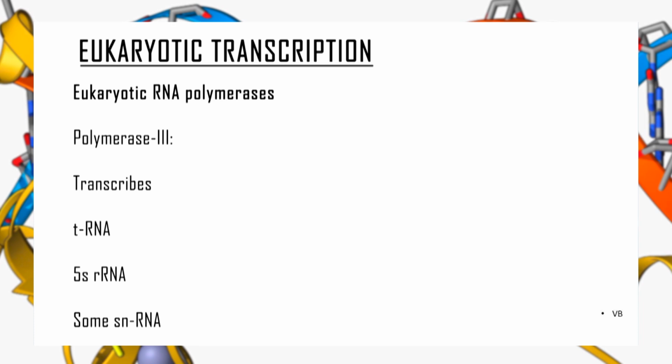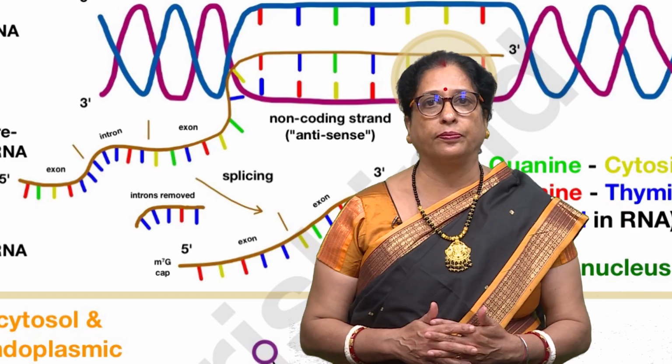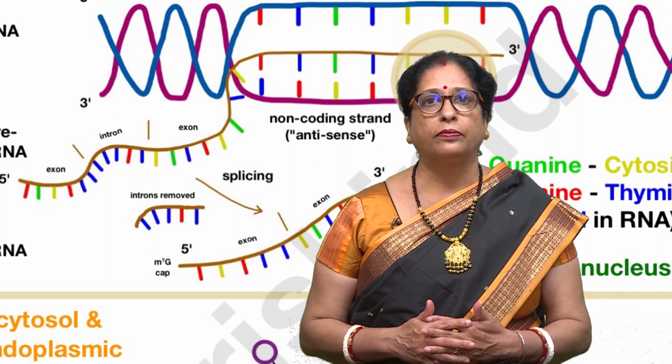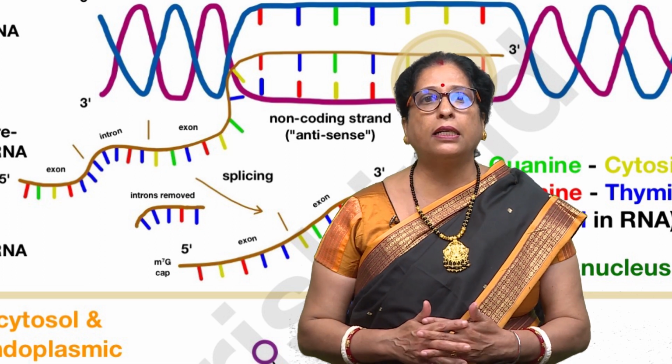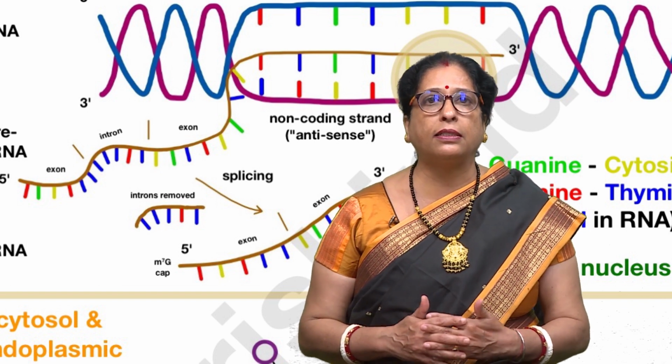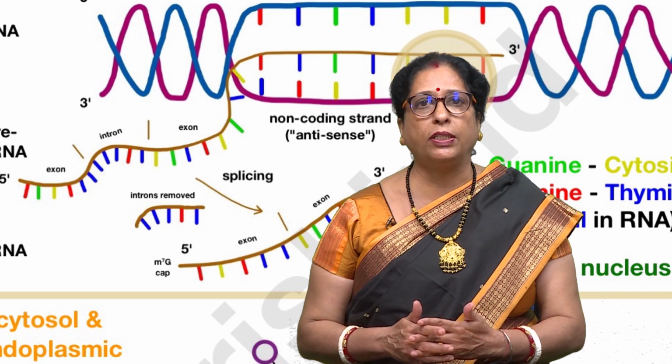RNA polymerase 2 is central to eukaryotic gene expression and has been studied extensively. It is a multi-subunit enzyme with 12 subunits.